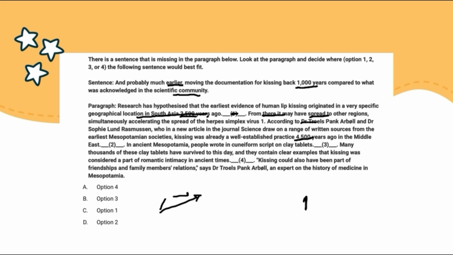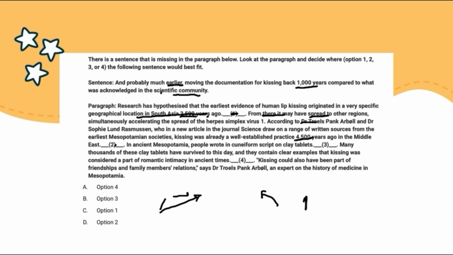Now, what happened here? We moved back, right? And exactly the amount which is written here. In ancient Mesopotamia, again it says moving back. Mesopotamia was obviously further back. So in this way of moving back 1,000 years, this particular sentence would perfectly fit in option 2. That makes the correlation perfect. The logical sequence becomes perfect.